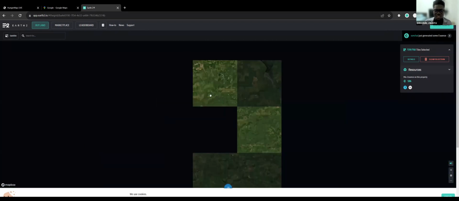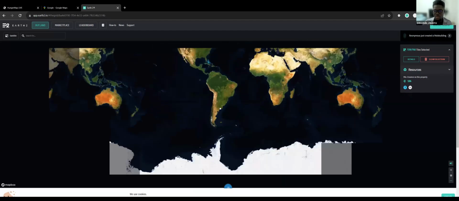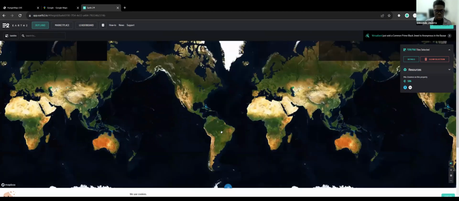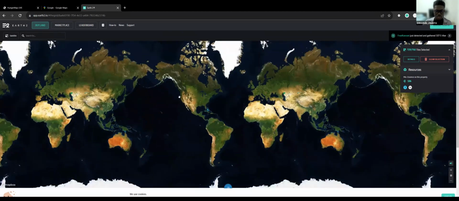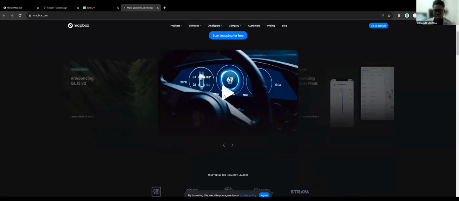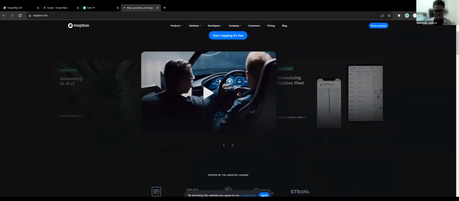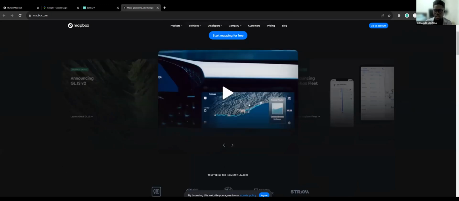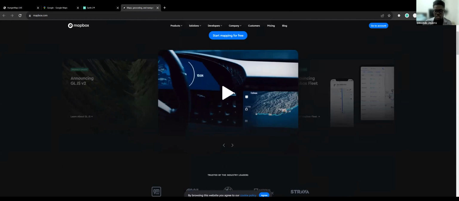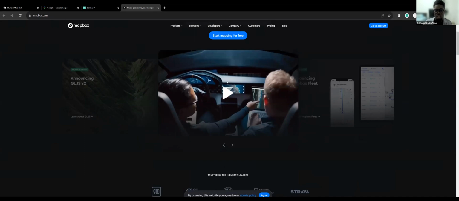So these are different interesting applications of GIS. The GIS company whose products they use for this platform is Mapbox. If I click on Mapbox, you see that Mapbox is powering a lot of companies and industries. For example, in mobile cars you have navigation, like Tesla, and Mapbox powers most of these companies: navigation, self-driving cars, self-driving vehicles.